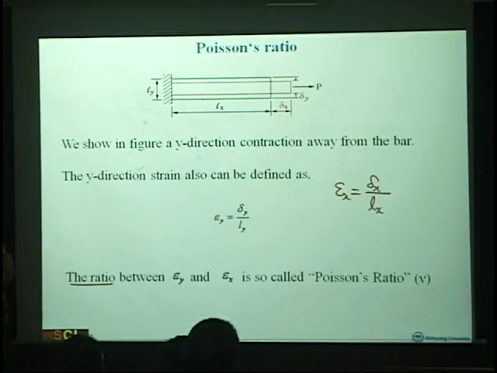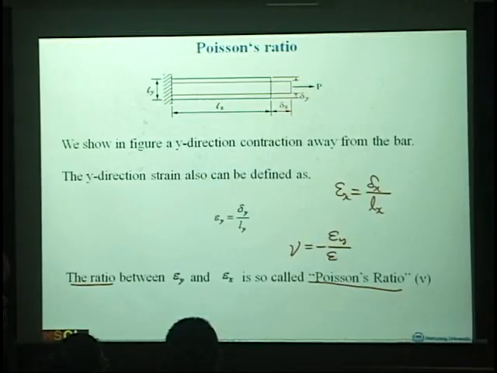And then the ratio between epsilon y and epsilon x is called Poisson's ratio. So Poisson's ratio is epsilon y divided by epsilon x, which is simply delta y divided by Ly over delta x divided by Lx.